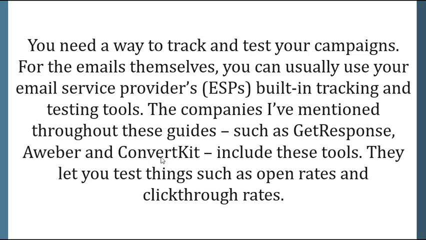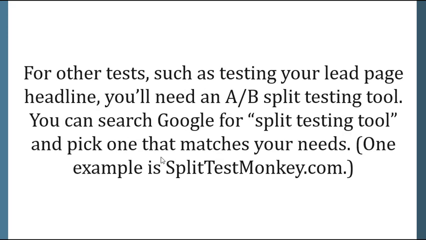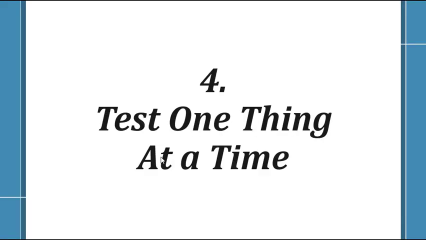They let you test things such as open rates and click-through rates. For other tests, such as testing your lead page headline, you will need an A/B split testing tool. You can search Google for split testing tool and pick one that matches your needs. One example is splittestmonkey.com.